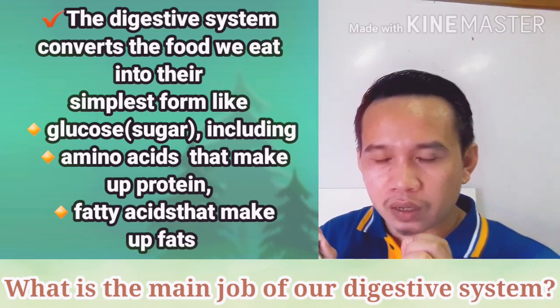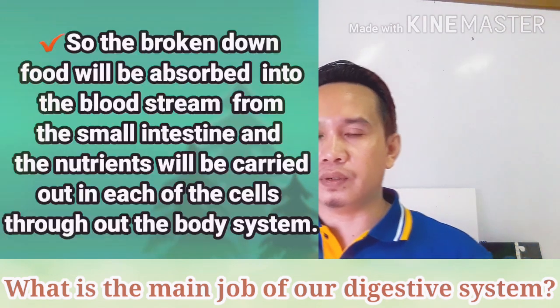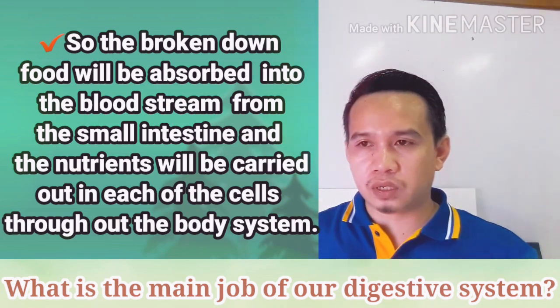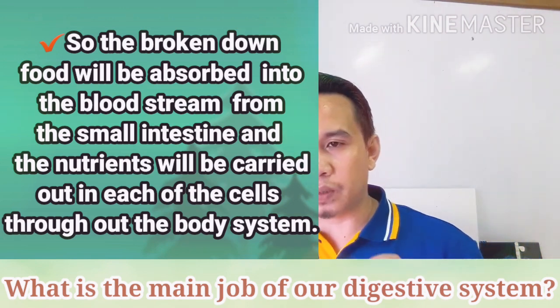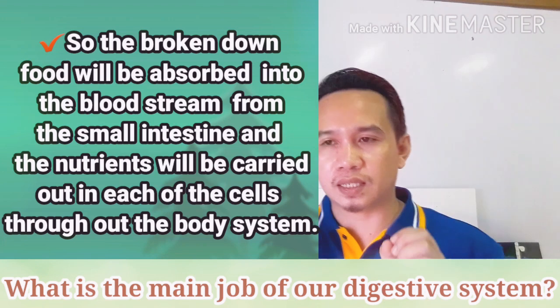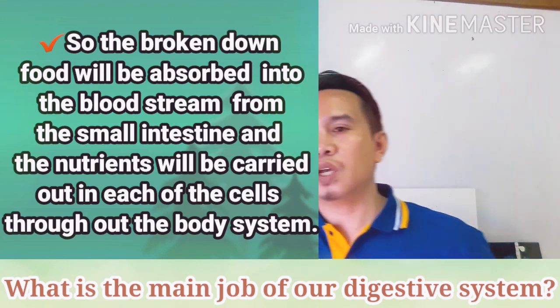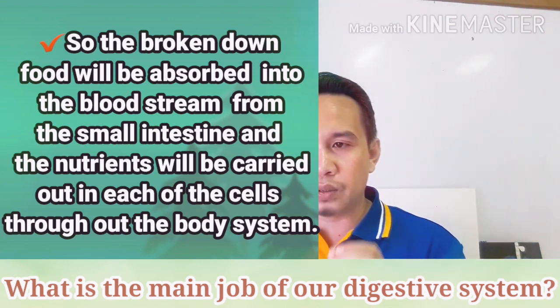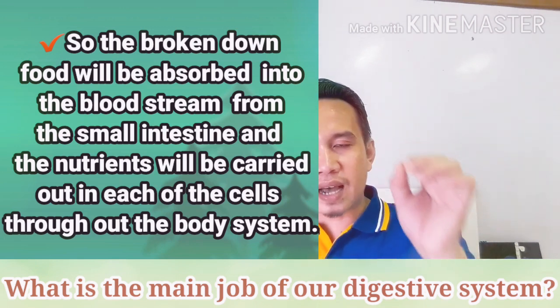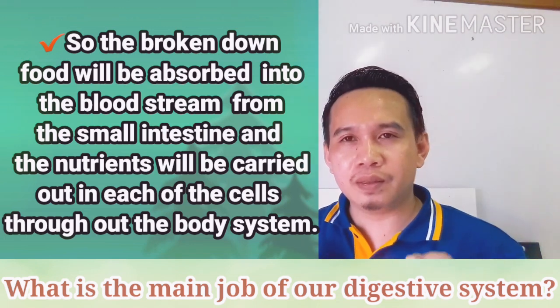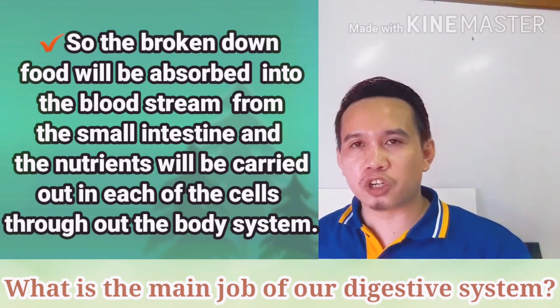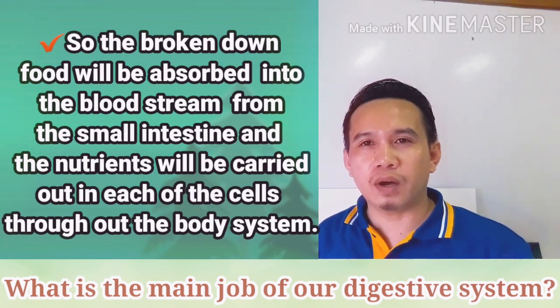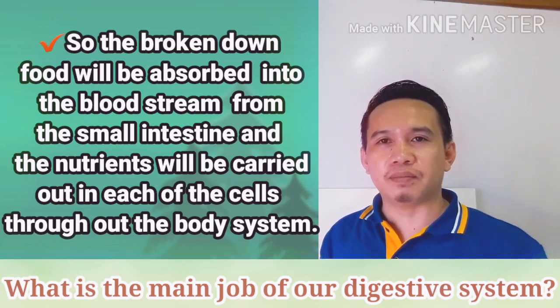The broken down food will be absorbed into the bloodstream from the small intestine, and the nutrients will be carried to each of the cells of the entire body. That could be the simplest explanation about the work of our digestive system.